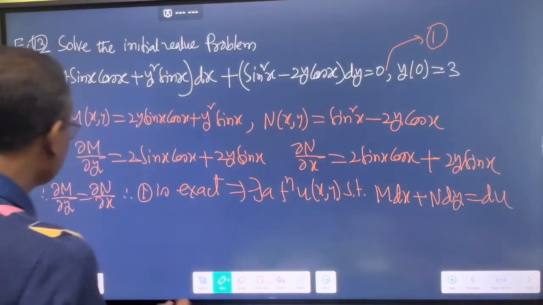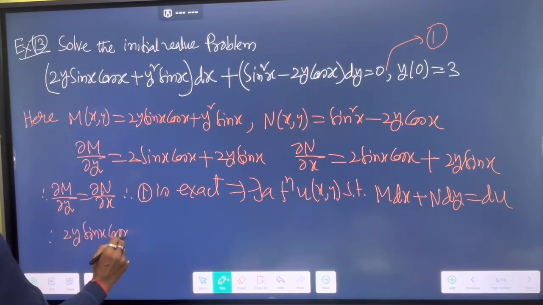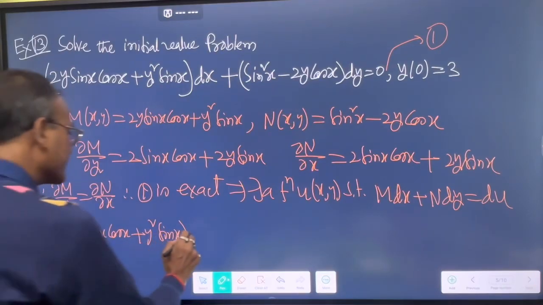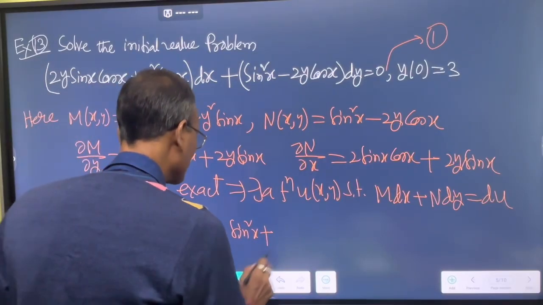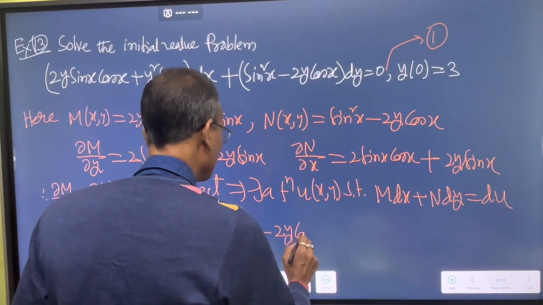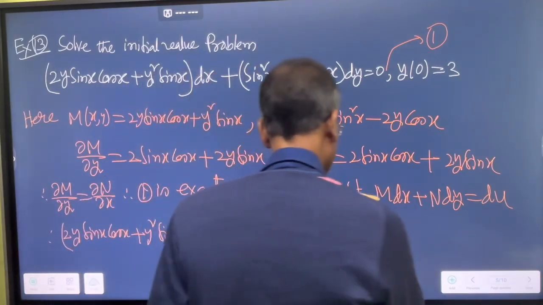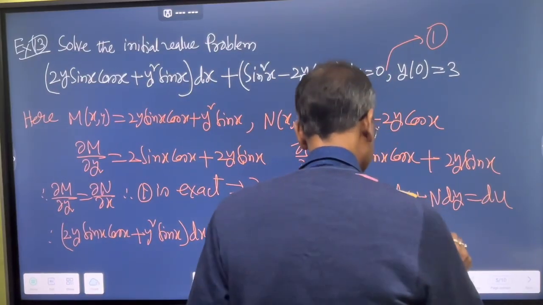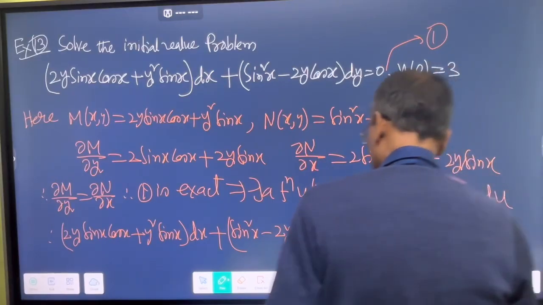Therefore (2y sin x cos x + y² sin x) dx plus (sin²x minus 2y cos x) dy, this is not plus, this is minus, equal to ∂u/∂x dx plus ∂u/∂y dy.